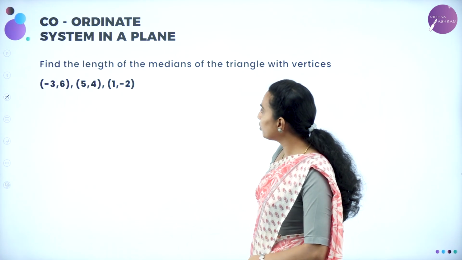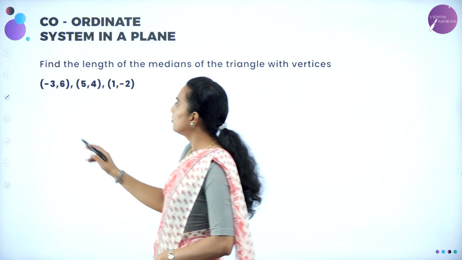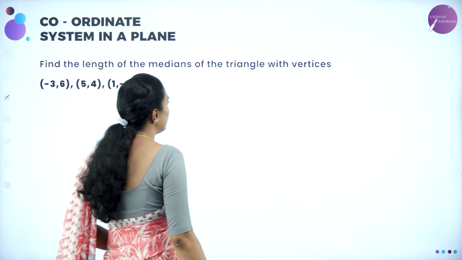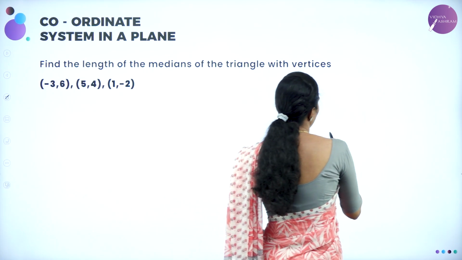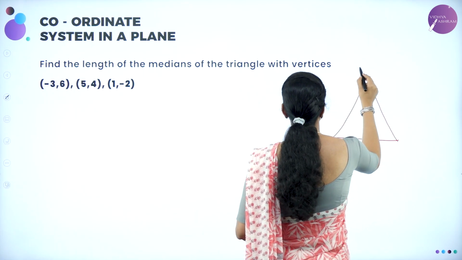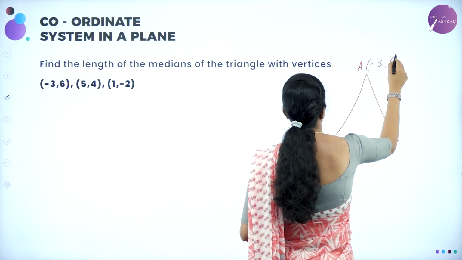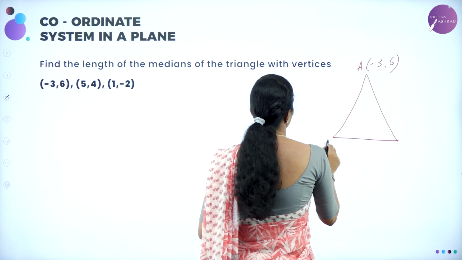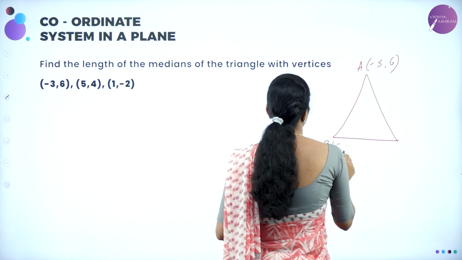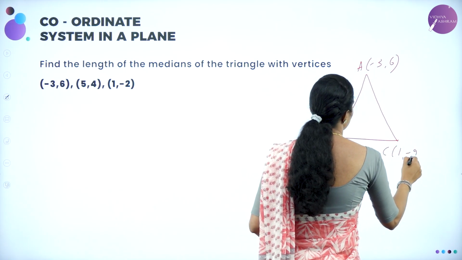Find the length of the medians of the triangle with the vertices minus 3, 6. Let me write down the triangle with the vertices they have given: A of minus 3, 6, B of 5, 4, and C of 1, minus 2.